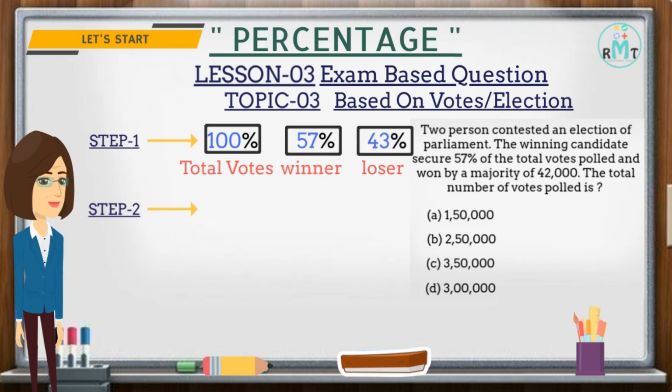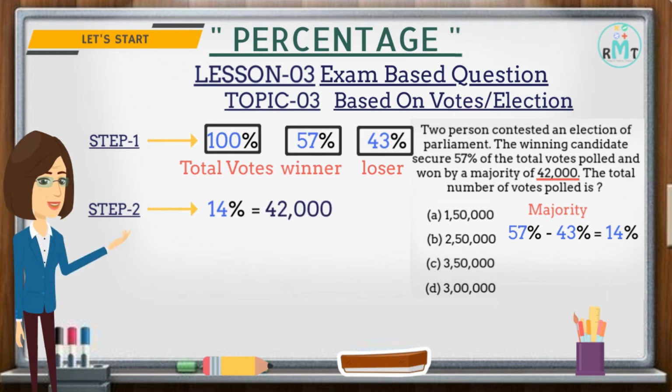Step 2. Now, we will calculate the majority by subtracting the loser percent from the winner percent, which is equal to 14%. Hence, this 14% is the majority, whose value is given in the question, which is equal to 42,000.